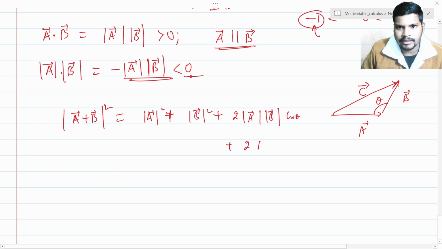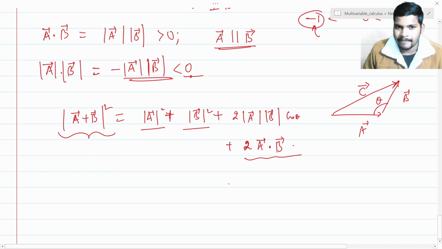Another way, it is just 2 into a into b. So this is how we can find the sum of two vectors just by squaring it, and we will get a square plus b square, the magnitudes squared, and then the inner product between two vectors with the factor of 2.